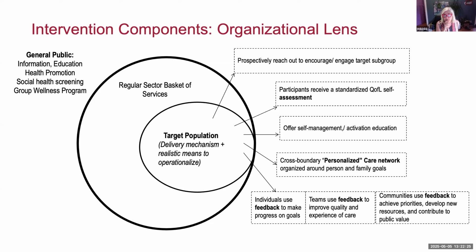So many of you have a specific demographic that you want to explore working with over the summer, which is great. But we look at the delivery mechanisms of how to connect and reach those people and look at what's realistic in terms of our model and how it could be operationalized for their benefit. And then we look at how to do that outreach, how to engage people in doing that self-assessment, self-reflection about their quality of life from social, physical, mental health lenses.